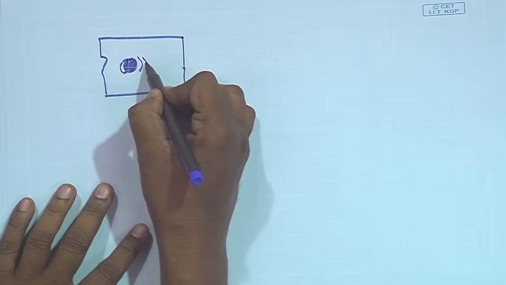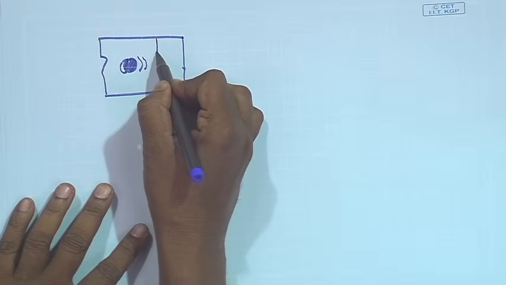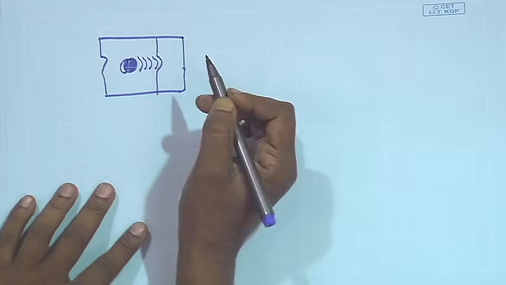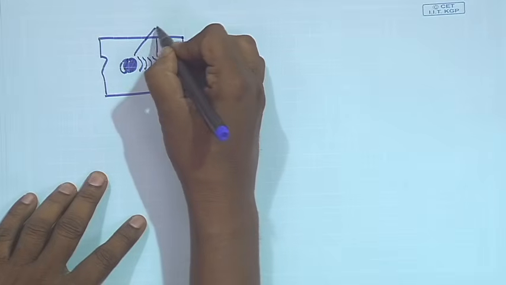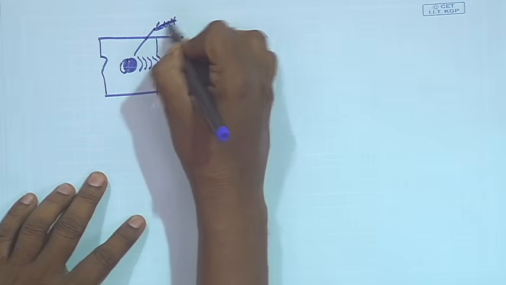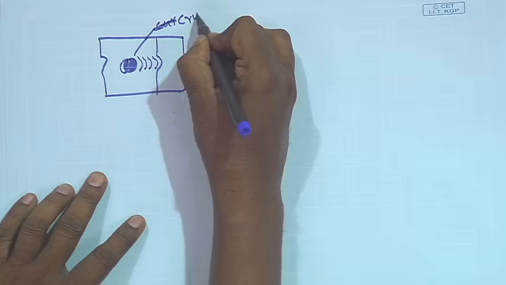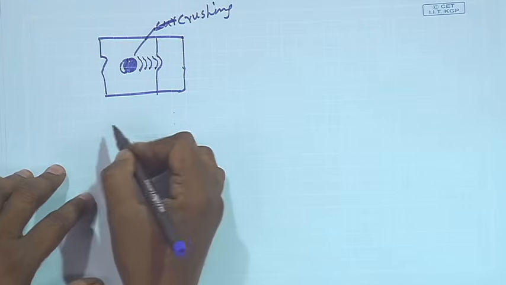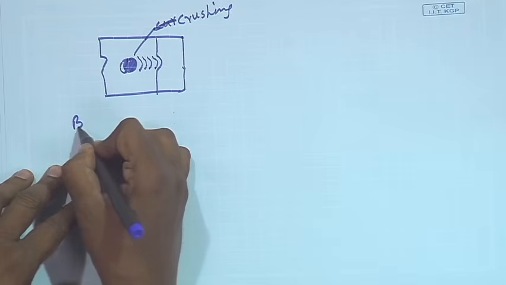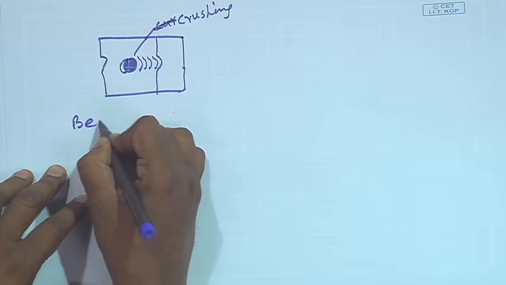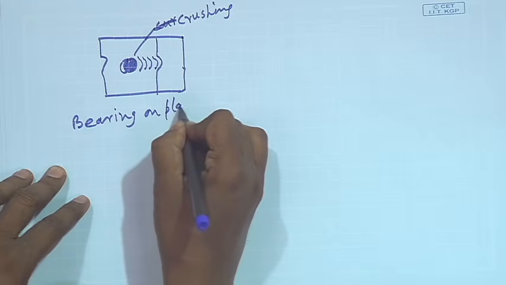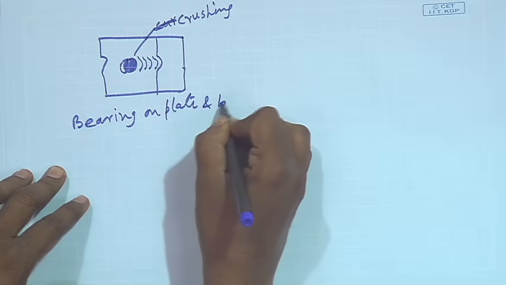That means, it may fail like this. This is crushing. So, this is one type of failure which is called bearing failure of plate and bolt.